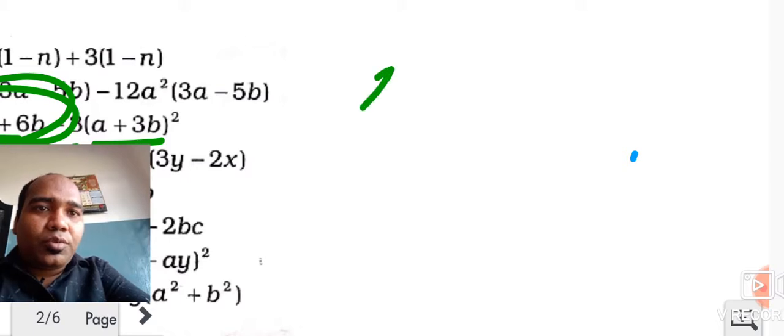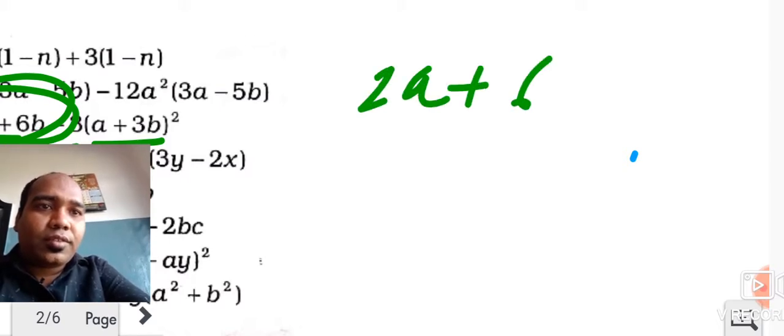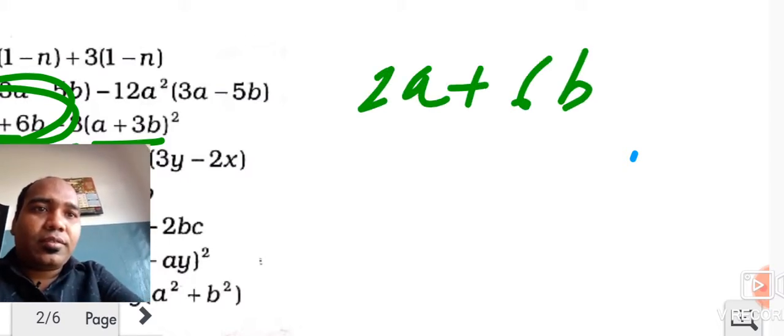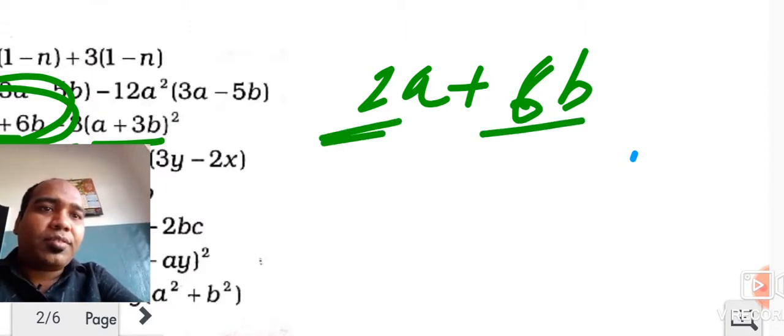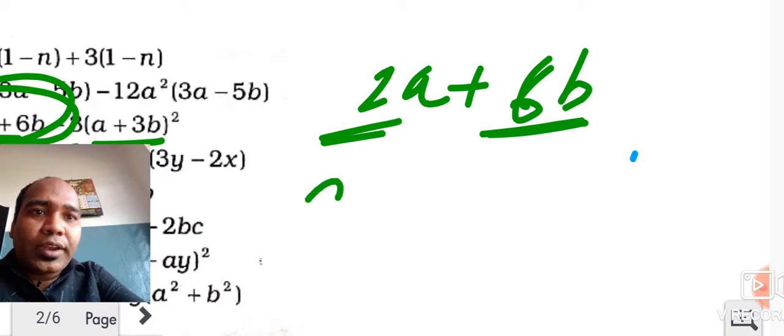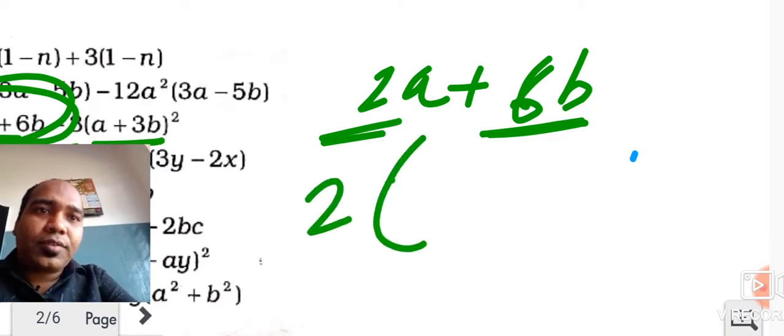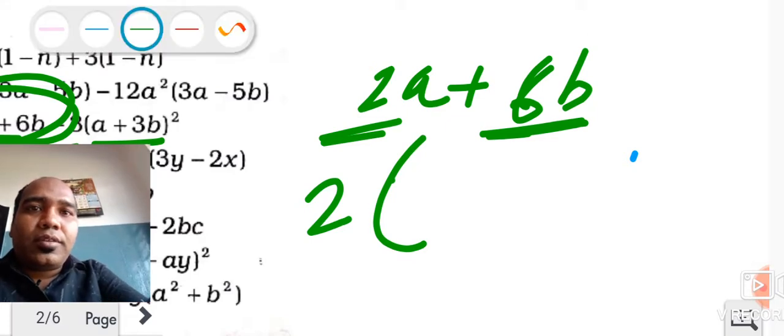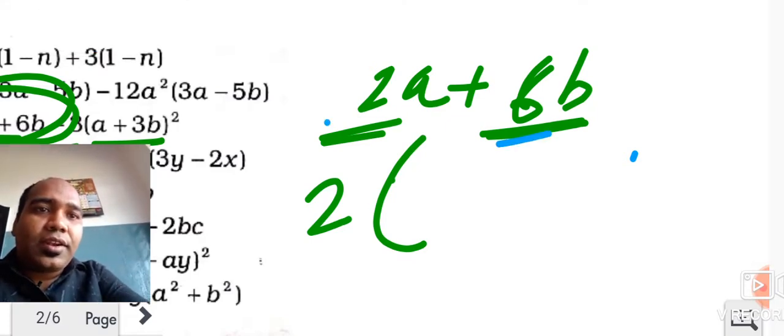Only the first part I am showing you. So can we take 2 common or not? Yes, we can take 2 common because 6 and 2 both have the common factor 2.